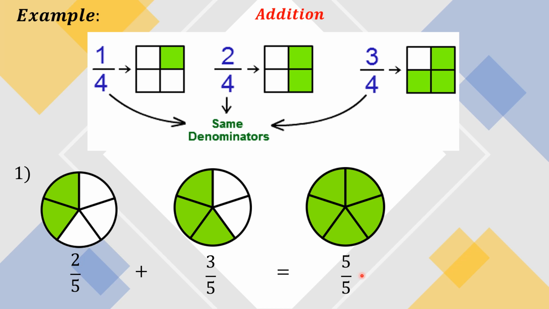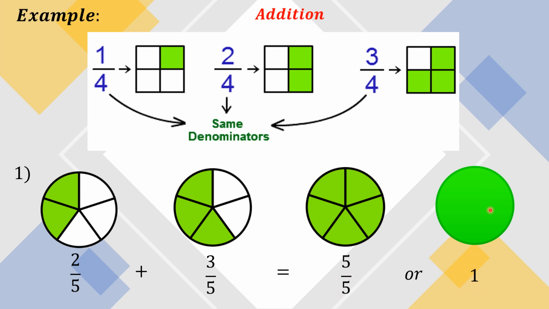How to get the simple form? You're going to divide the number. 5 divided by 5 is equal to 1. So I'll repeat, 5 divided by 5 is equal to 1.